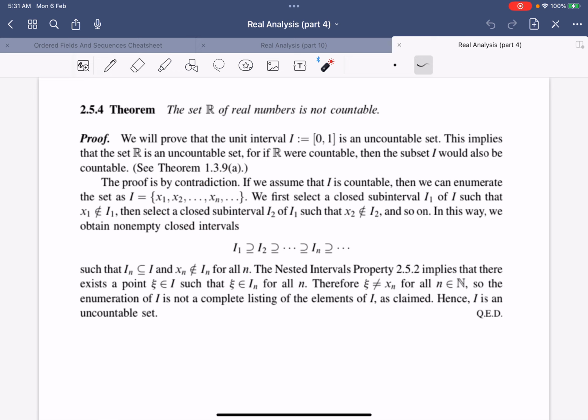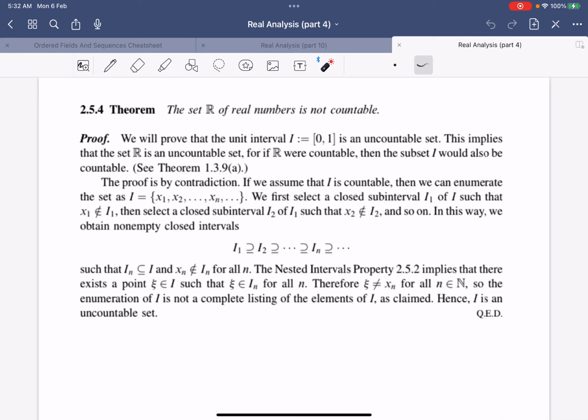Then we define a closed interval I1 such that x1 is not an element of I1. So it contains some elements from here. And then we select another closed subinterval such that x2 is not an element of I2, so some elements in here. And so on. So you obtain a chain of inclusions.